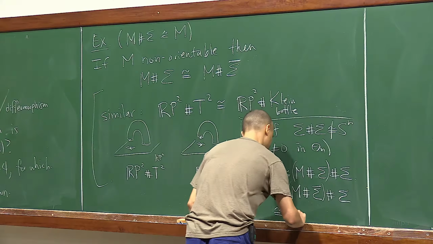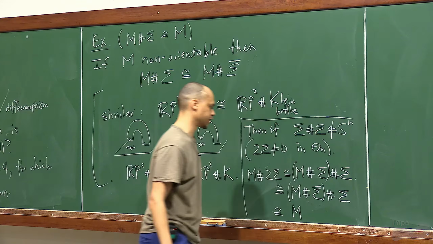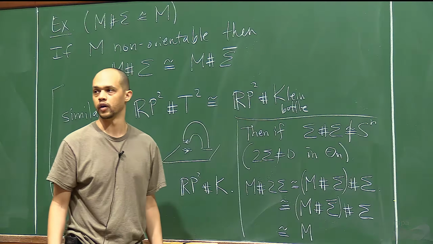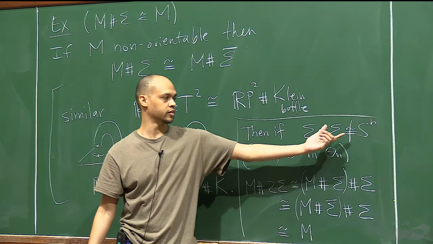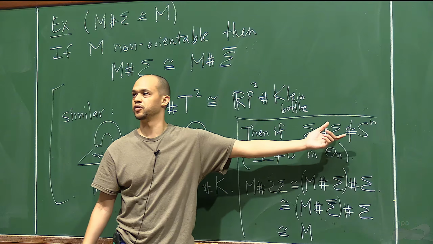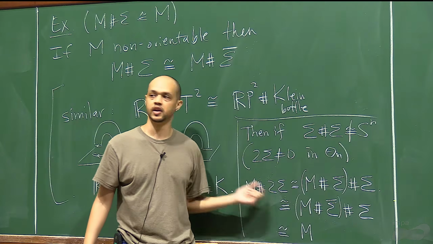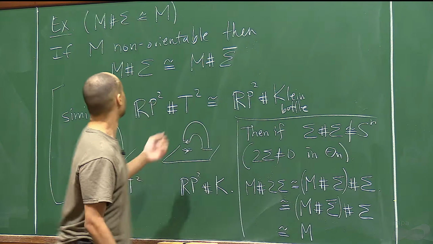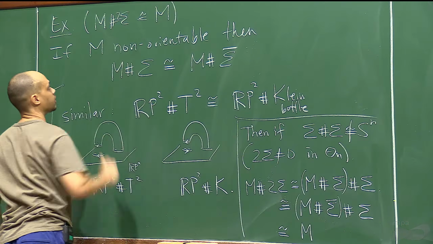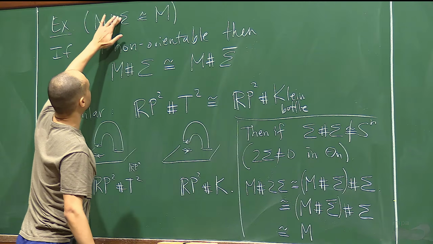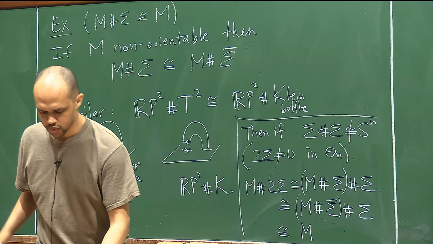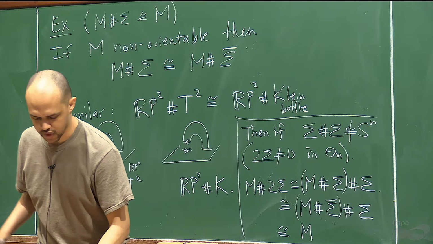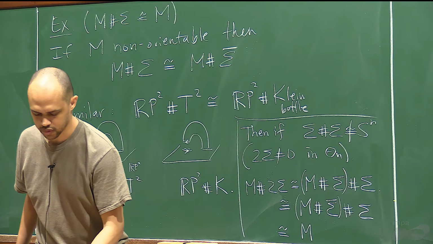We mentioned that yesterday, so that's diffeomorphic to M. And 2 sigma by assumption is different from Sn, so this is an example. So connect sum with an exotic sphere does not always change the smooth structure. That's the upshot.